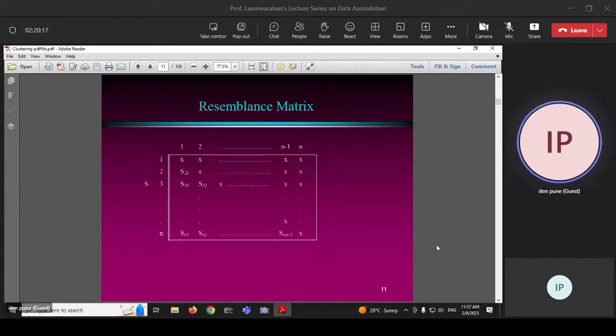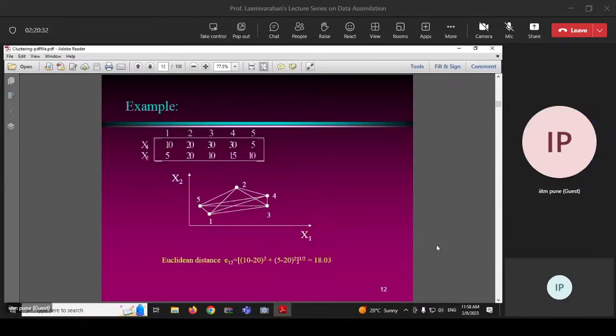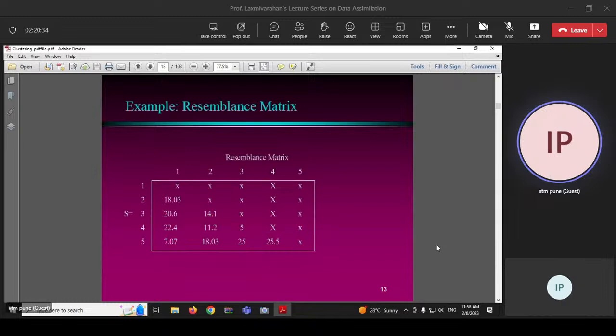The algorithm we are going to talk about never sees the input data. It only works on the resemblance matrix. So what is the first step of the algorithm? I'm going to illustrate the algorithm step by step. So for the 5 objects in question, you remember, I have to compute the distance matrix.